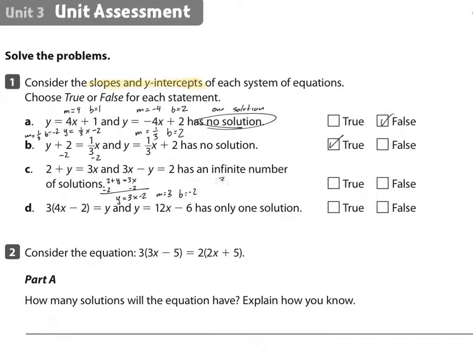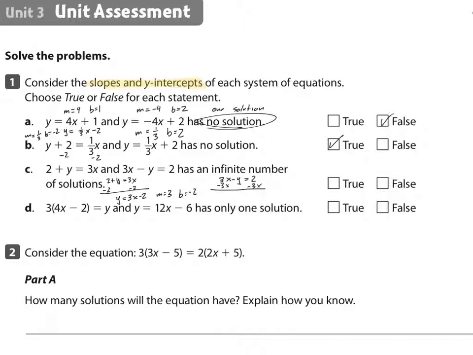And for the other one, you also need to solve for y. So I'm going to rewrite it. 3x minus y is equal to 2. I'm going to subtract 3x from both sides, and you get -y is equal to -3x plus 2. Now you have to divide by -1, and when you divide, you're pretty much changing the signs to everything.